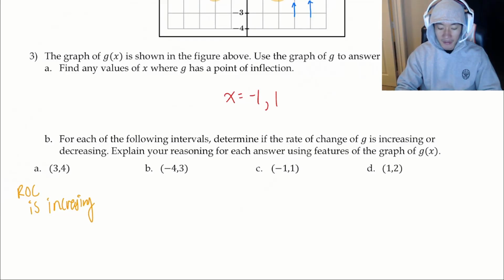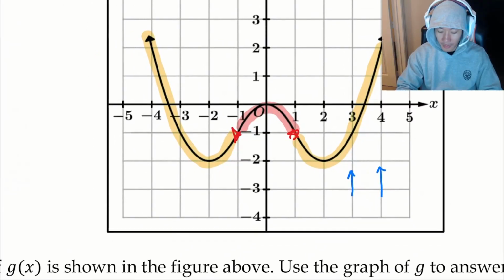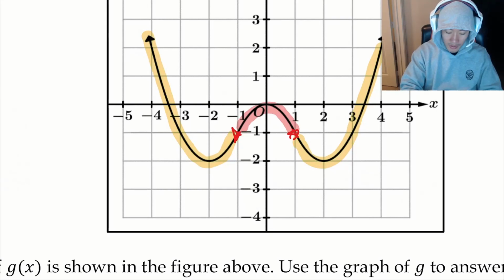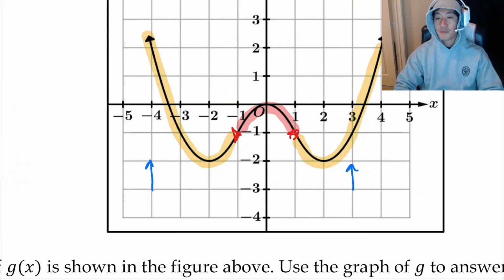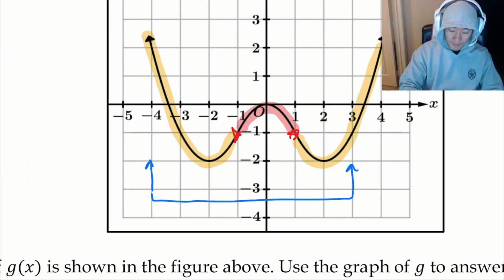Now let's observe -4 to 3. Again, I'm going to still continue to use blue for this. So let's mark where -4 is. -4 is here. And I need to go all the way to, what is it, 3? And if I observe in between the blue arrows that I drew, we have a mix of both, right?